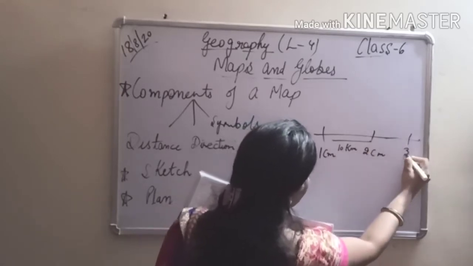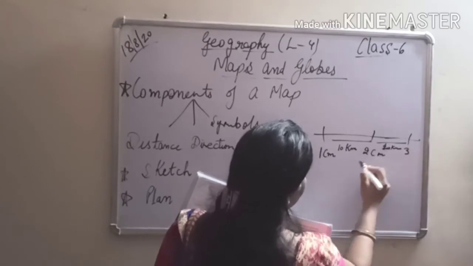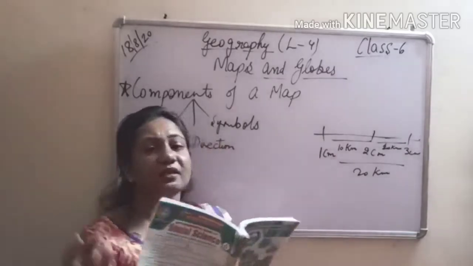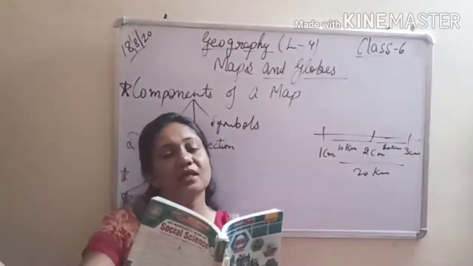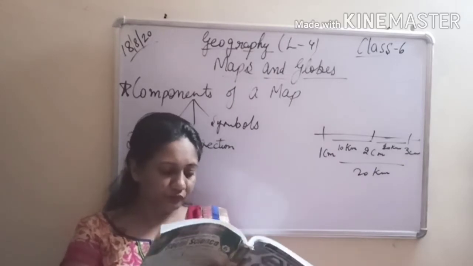And here if it is 3, then here again it is 20 kilometers, again 10 plus 10, it comes to 20 kilometers. So this way we just represent the 2 points, and we take the ratio of the map distance to the ground distance. Okay.